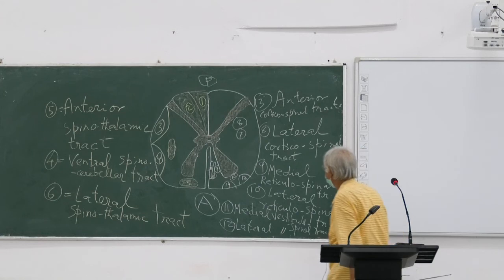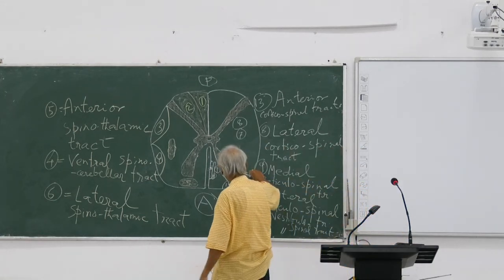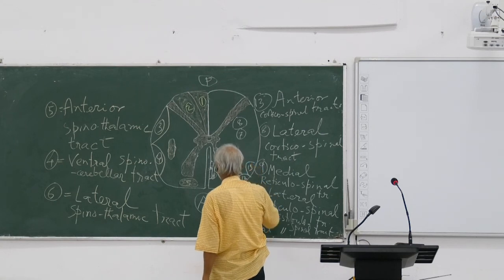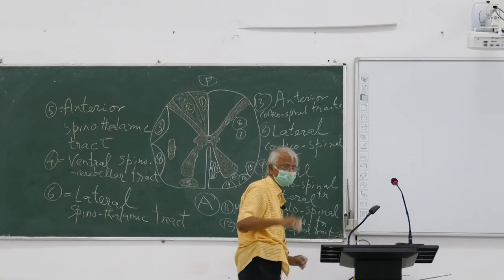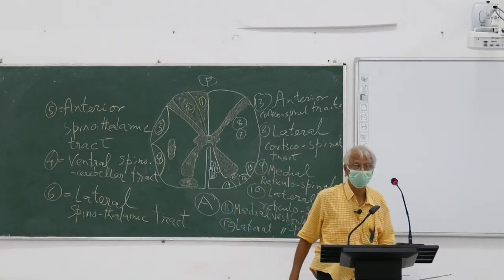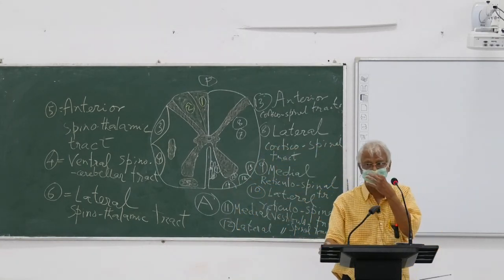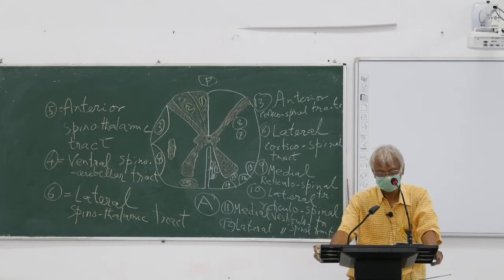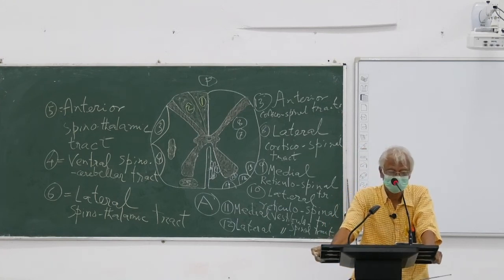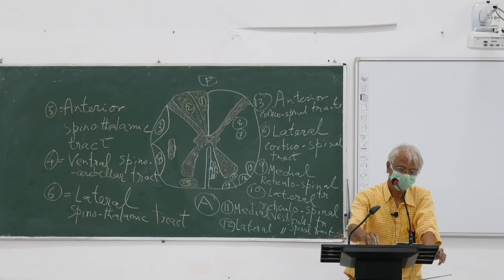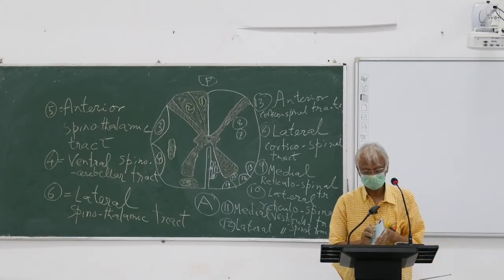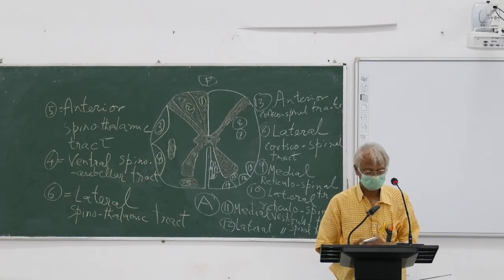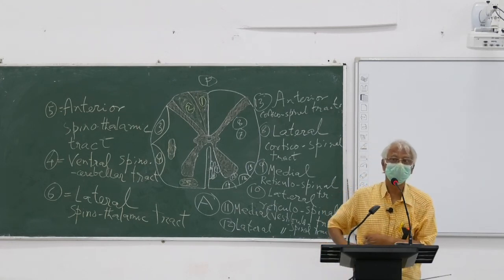There is another small nucleus here, that is olivospinal. Number 15 is olivospinal, from the olivary nucleus. From the olive or the olivary nucleus, it comes to the spinal cord. So these are ascending and descending tracts.